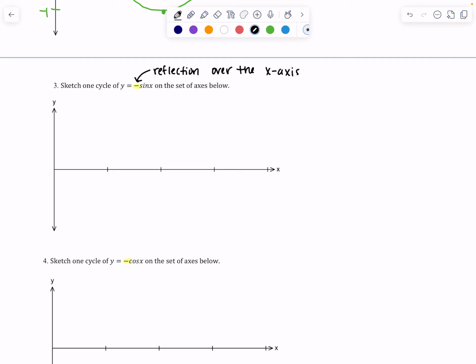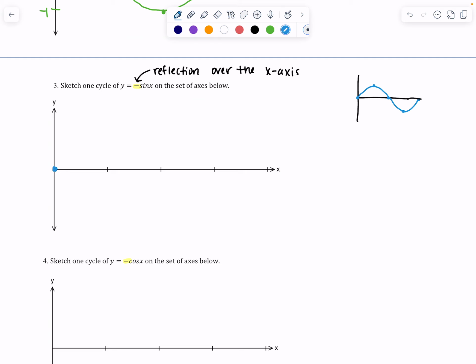So I'm just going to remind myself over here what one regular sine cycle looked like, and that was middle, max, middle, min, middle. So it goes up, then middle, then down, back to middle. Okay, so if sine is going to get reflected over the x-axis, it's still going to start at the middle.